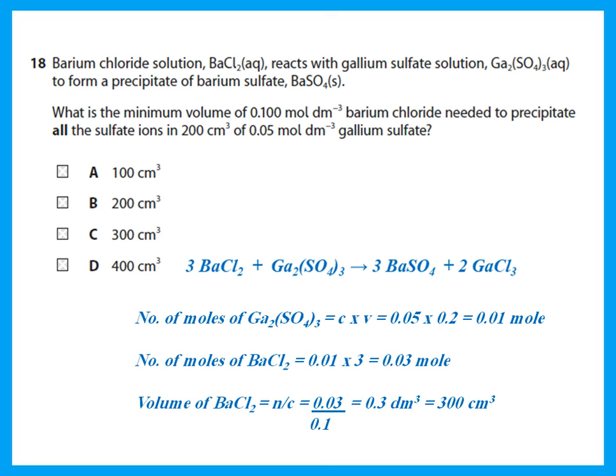Now we have the number of moles, then we can calculate the volume. The volume is number of moles over concentration. So that gives me 0.3 decimeter cubed. You multiply by 1,000 because the choices are in centimeter cubed. So my answer is C.